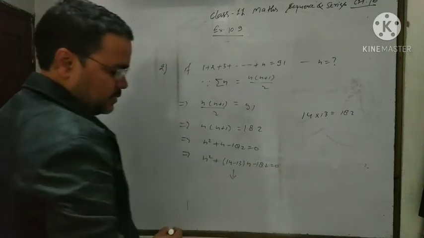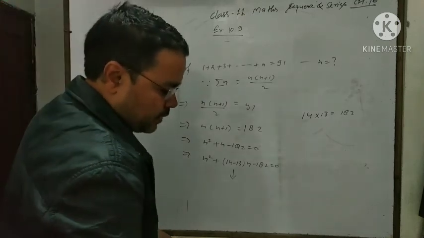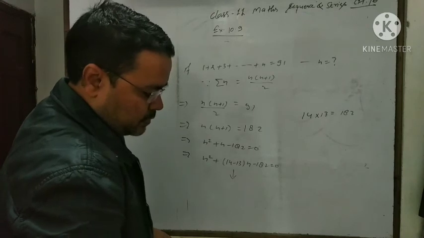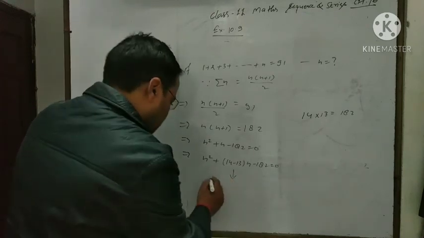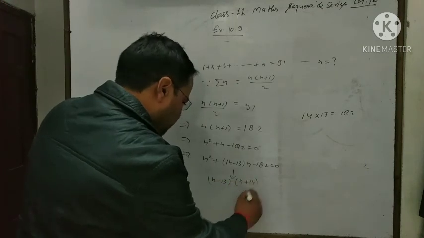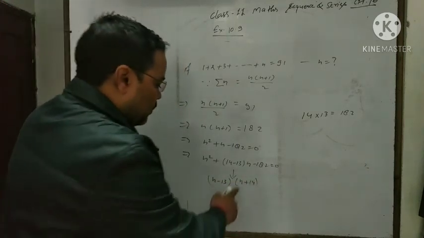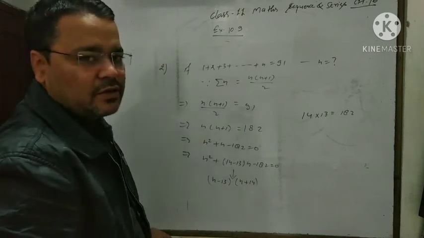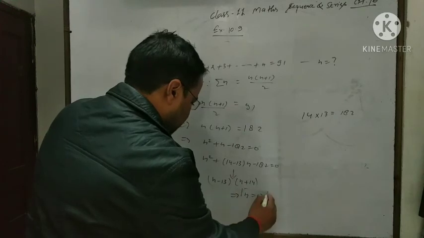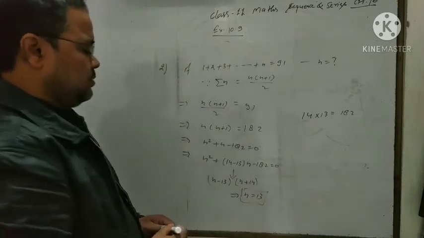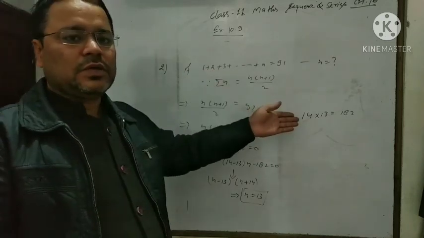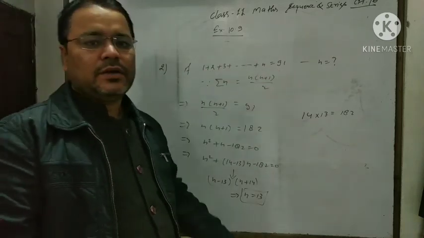And finally we get it in this form: n minus 13 and n plus 14 is equal to 0. By the zero product rule, the value of n equal to minus 14 is not possible. Therefore, this implies that n is equal to 13. It means if we find the sum of 1 plus 2 plus 3 up to 13, then its sum will be 91.